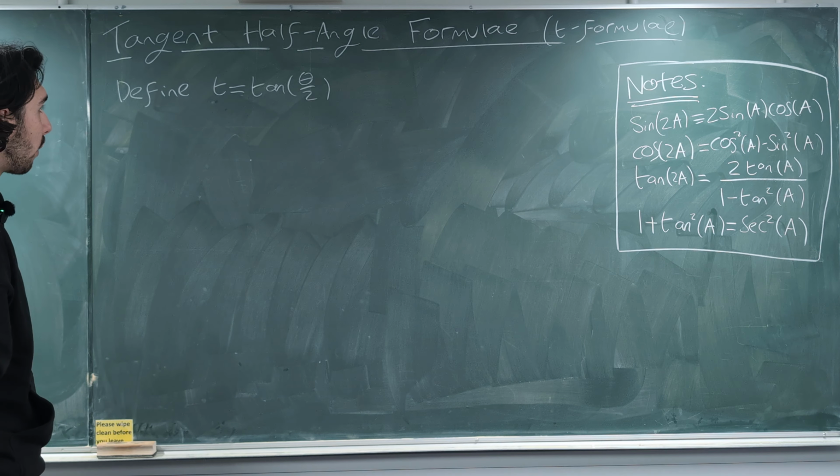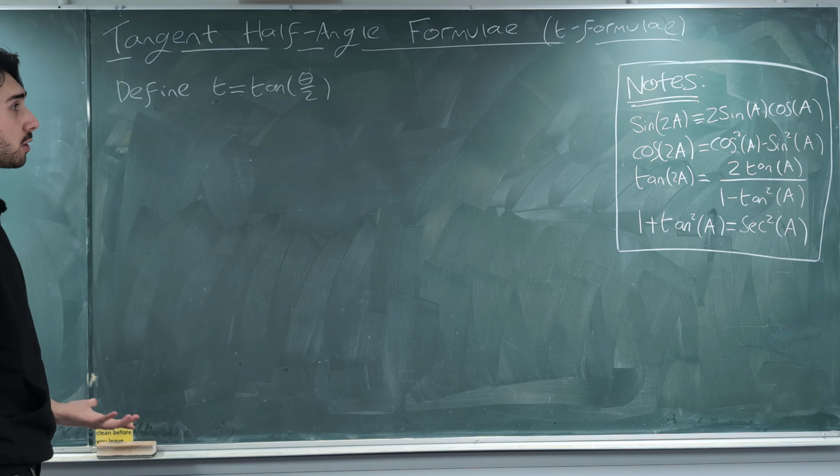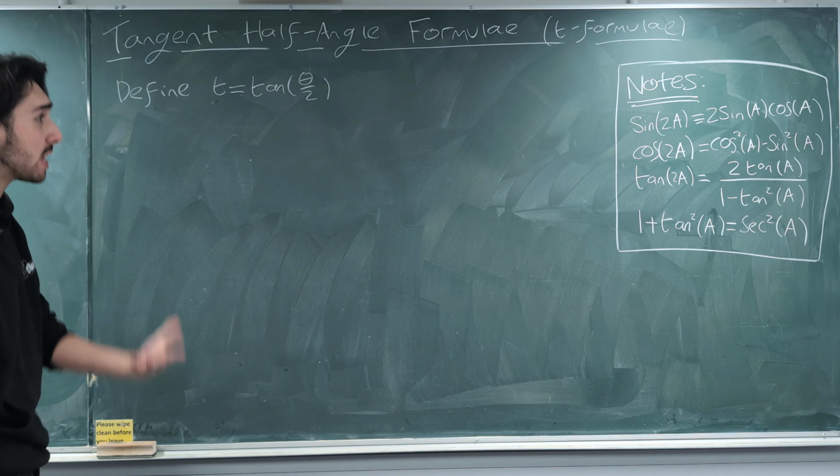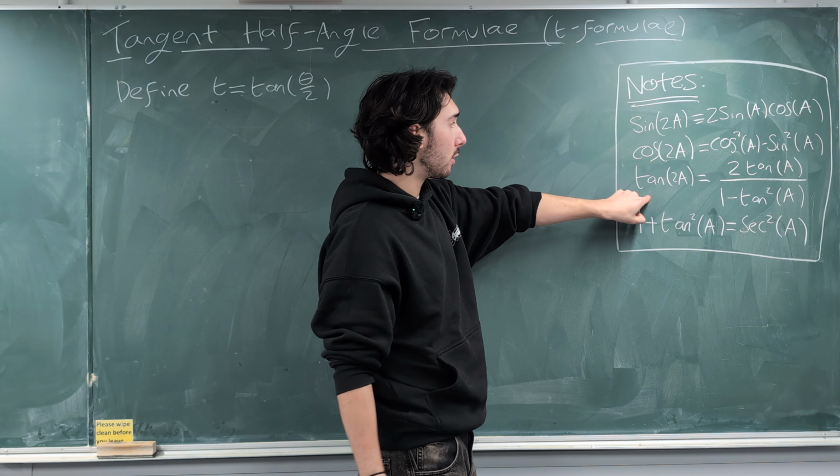Okay, how can we find everything else? Well, the most obvious thing to do first would be to find what is tan of theta. For that, we can directly use the double angle formula for tan.